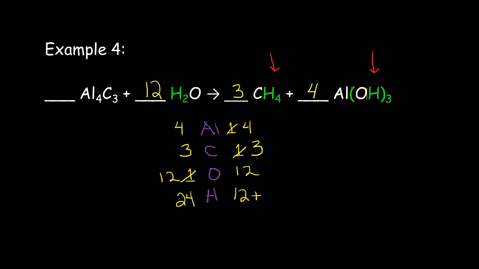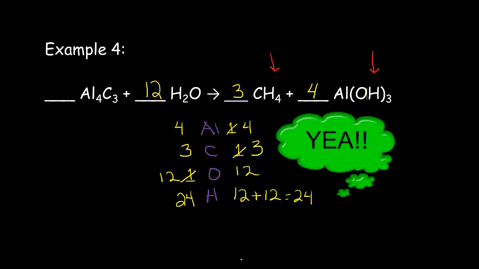Now for every 1 aluminum hydroxide, we have 3 hydrogens. So we're going to multiply this coefficient times this implied subscript of 1, times this subscript of 3. So 4 times 1 times 3 is 12. 12 plus 12 is 24. So we are very balanced here. We're done, guys.